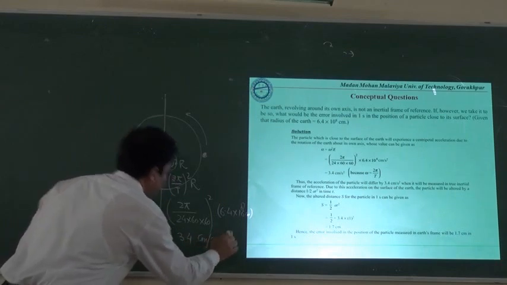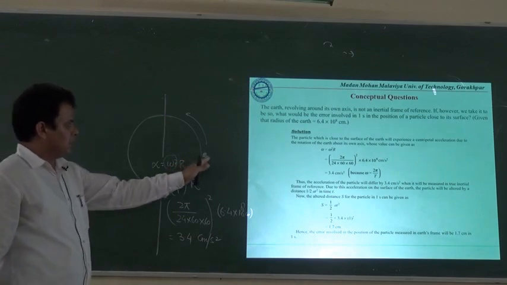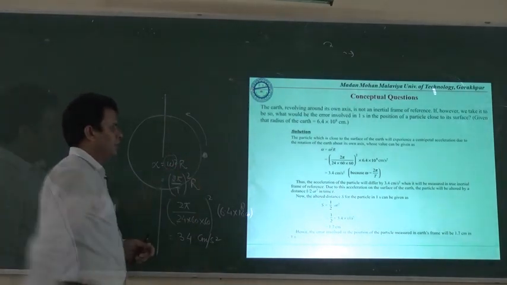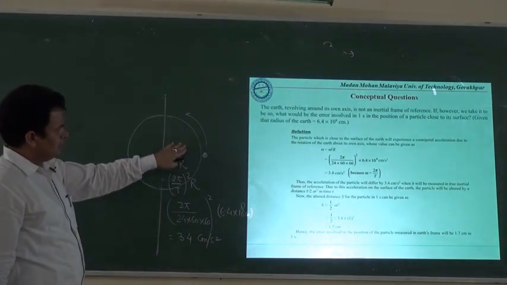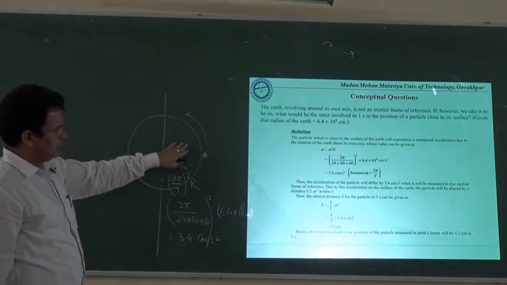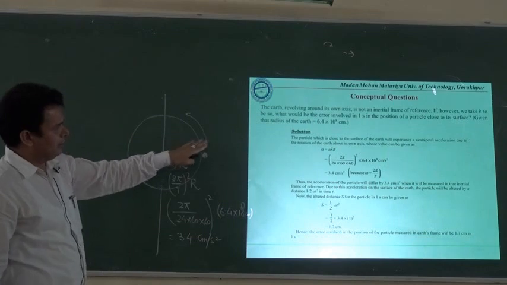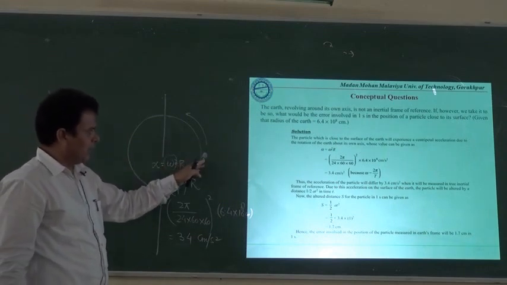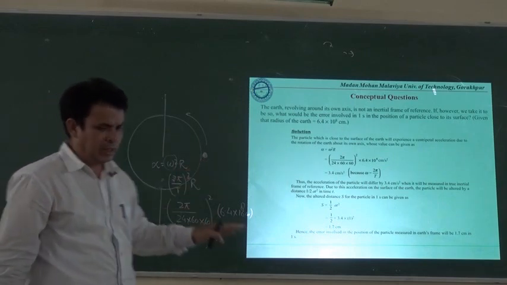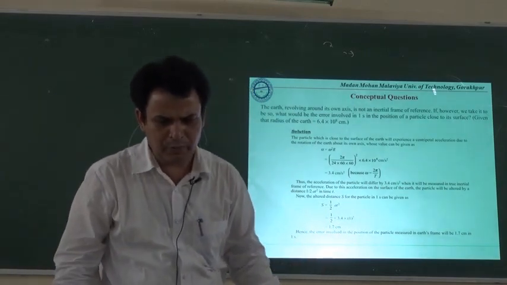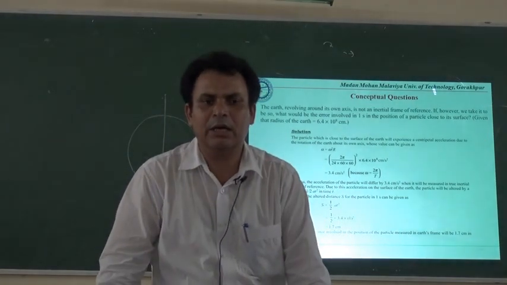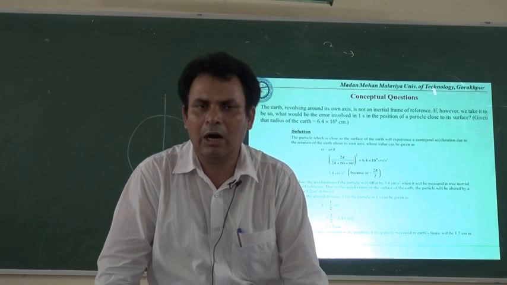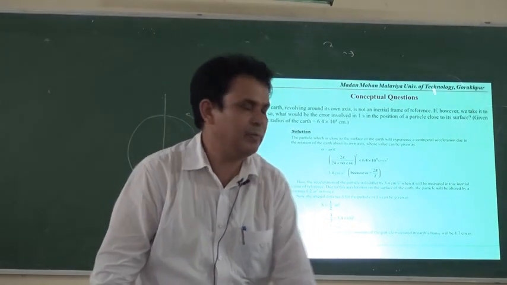centimeter per second square. Since this particle is lying very close to the surface of the Earth, the angular acceleration, that is alpha, will be given by omega square r, and this acceleration will give the idea that if Earth is considered as the inertial frame of reference, then in 1 second how much distance it will be displaced.